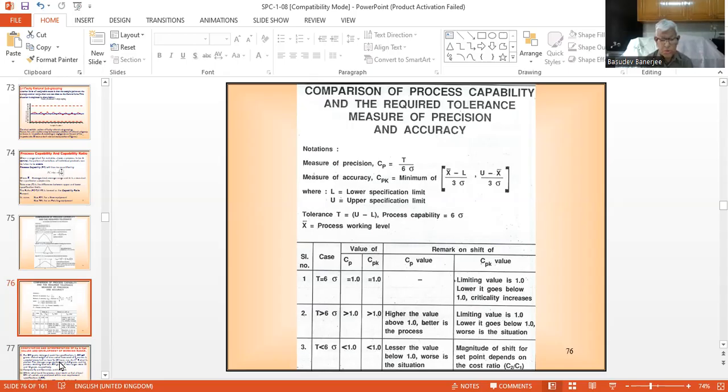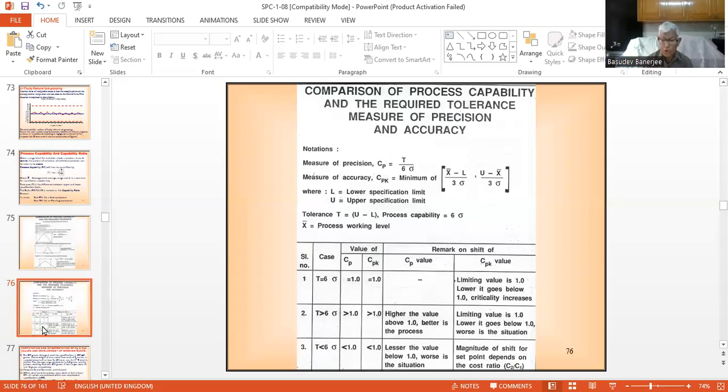T is equal to U minus L, upper specification minus lower specification. That is known as the tolerance, and X double bar is the overall process working level. Note, CP will always be greater than or equal to CPK. The ideal value is CP equal to CPK. Okay, so that you must remember. That is the short-term capability index.